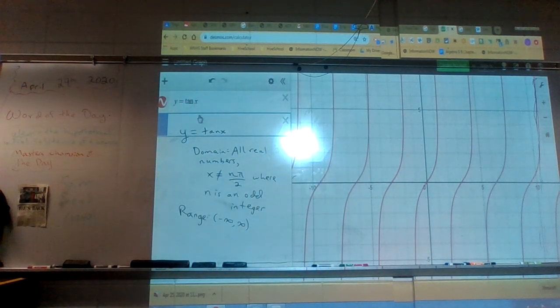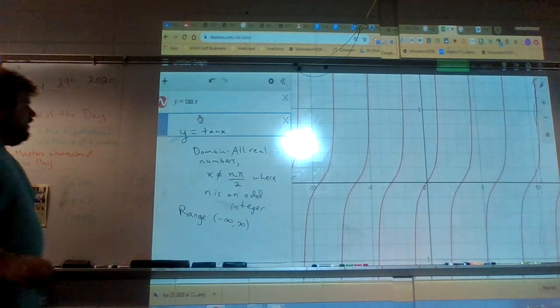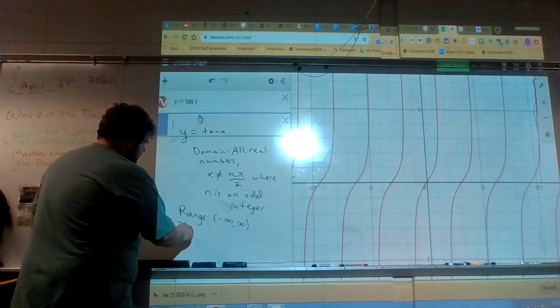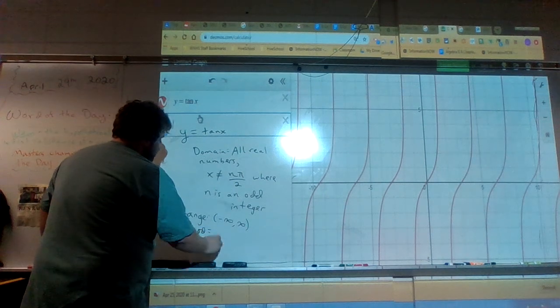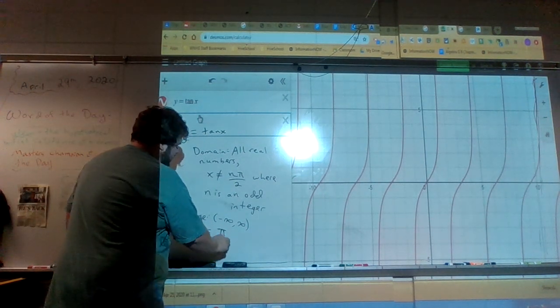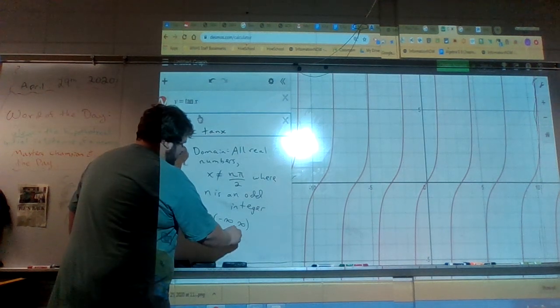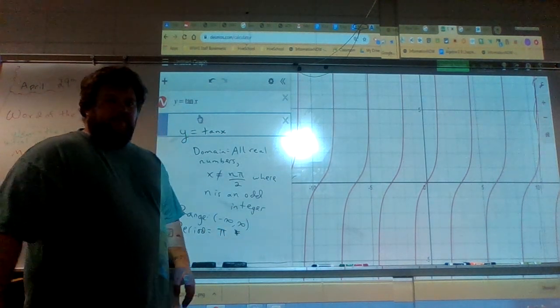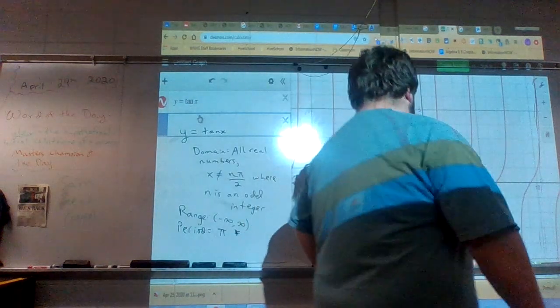Okay. And the other thing I do want to mention is that the period is actually not 2 pi. The period for tangent is pi. I would try to remember that, because that's a fact that comes in handy.